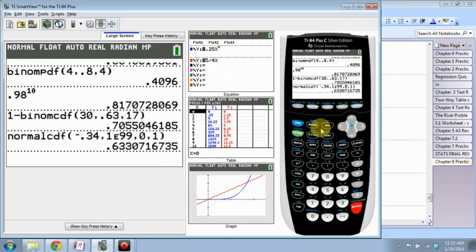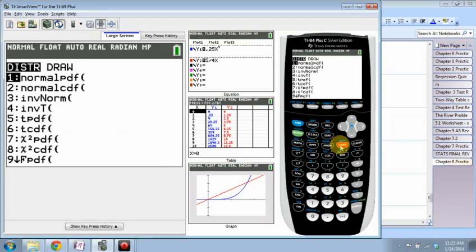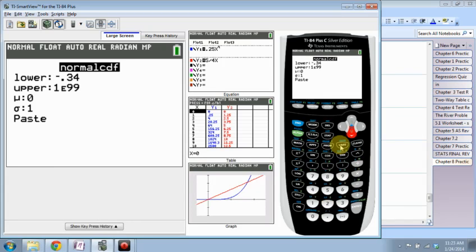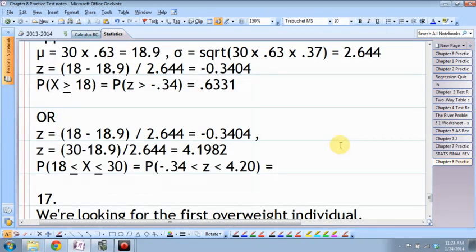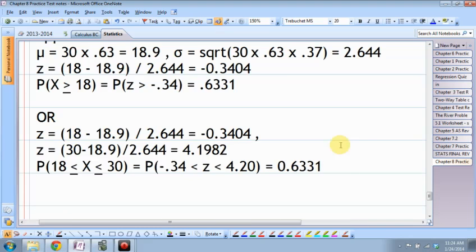Let's just do that. So negative 0.34 and 4.20. And whoa, you get the same number, 0.6331. Okay. So either way, it's about a 63% chance.